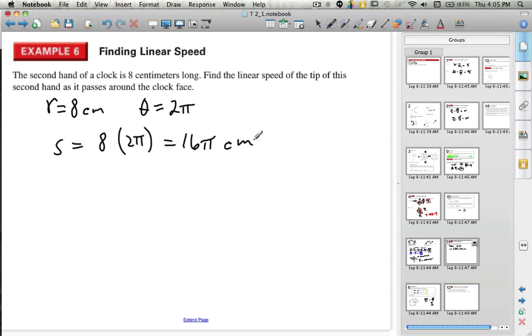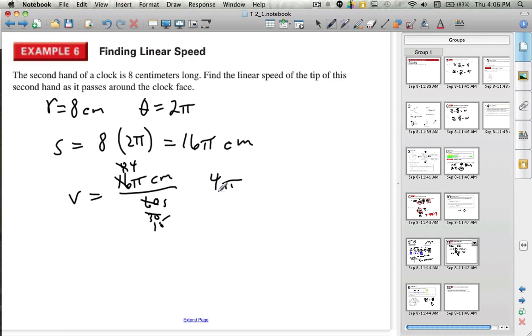And then I want to divide the arc length. My velocity will be equal to my arc length, 16 pi centimeters, divided by my time. Well, it's the second hand of the clock, so it depends on what I want to calculate. If I want to calculate it as centimeters per second, I would divide it by 60 seconds. And I could start simplifying this. This becomes 30, and that becomes 8. This will become 4, and that will become 15.